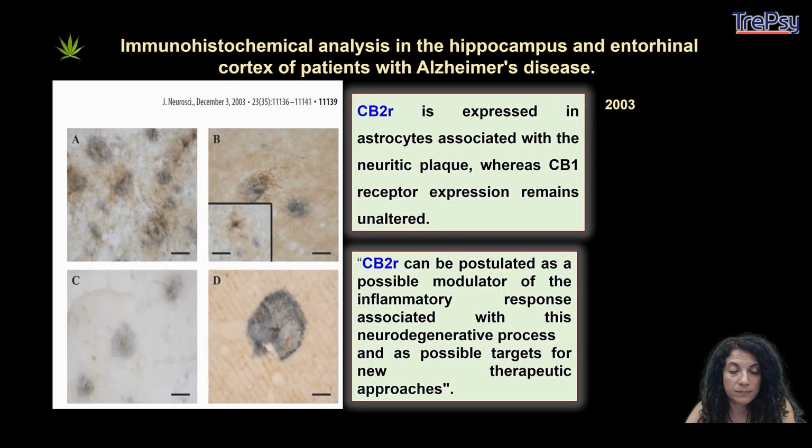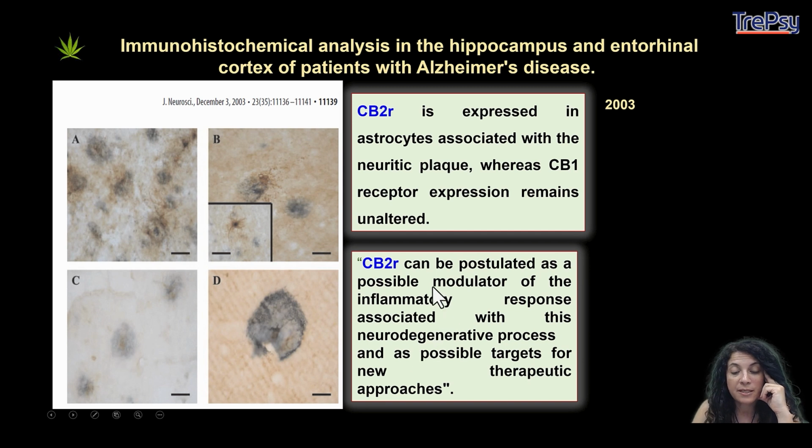So, in this case, by immunohistochemical analysis in the hippocampus and entorhinal cortex of patients with Alzheimer's disease, they saw that CB2 is expressed in astrocytes associated with the neuritic plaque, whereas cannabinoid 1 receptor expression remains unaltered.